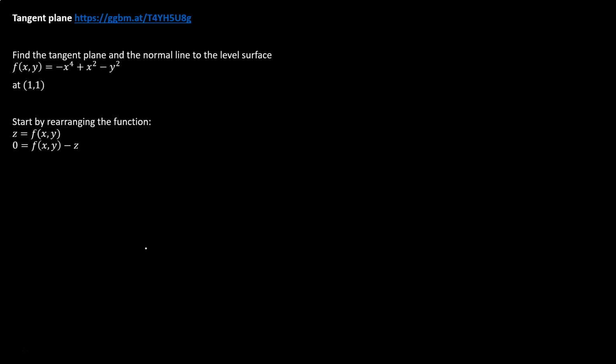If we wanted to use this idea, using the gradient vector to find a tangent plane and a normal line for a function that's only of 2 variables, you might think, oh, same process, find the gradient vector. But notice that this gradient vector for f, it's only going to have 2 components.